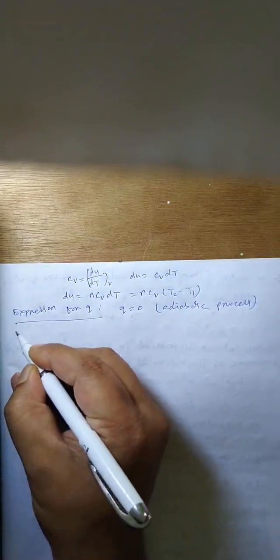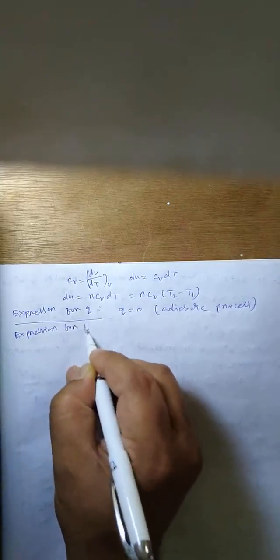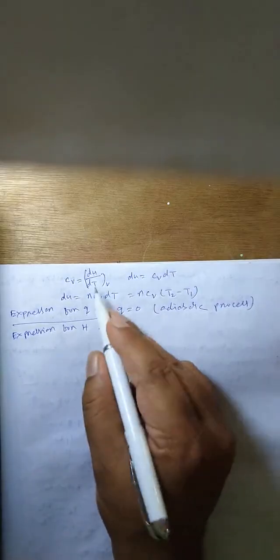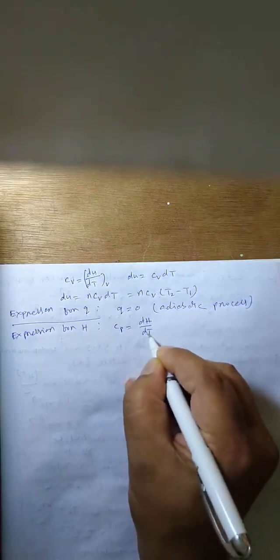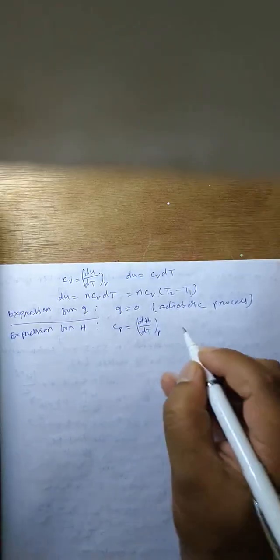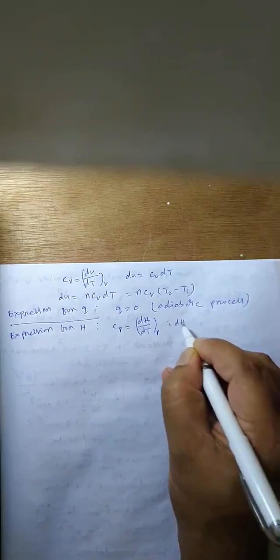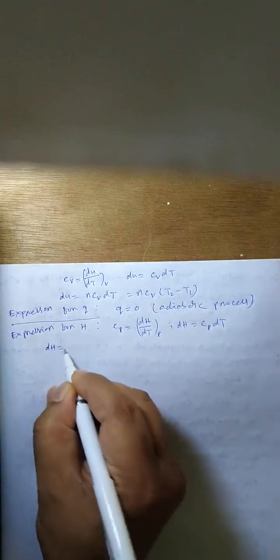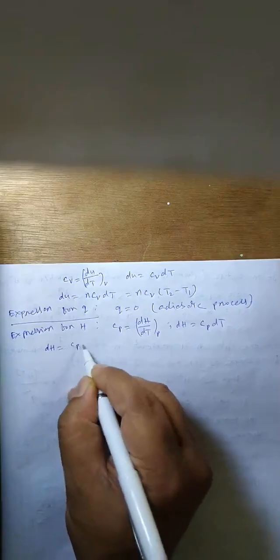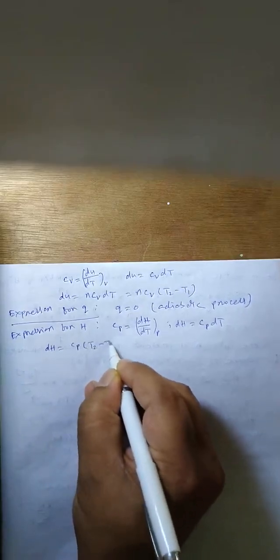Then the expression for H. The same process we can carry out. Cp is equal to dH by dT at constant pressure. Then dH is equal to Cp dT, or you can write dH is equal to Cp (T2 minus T1).